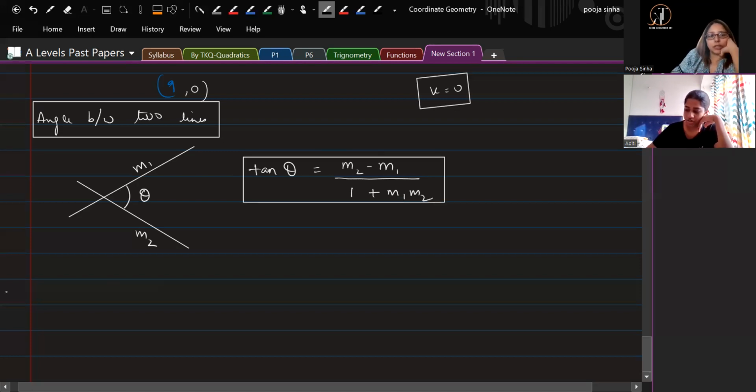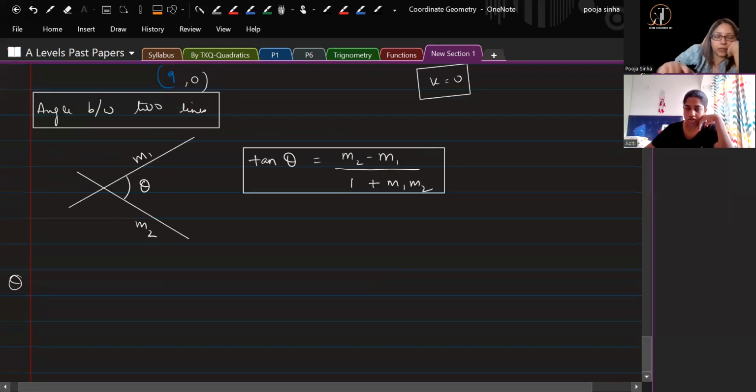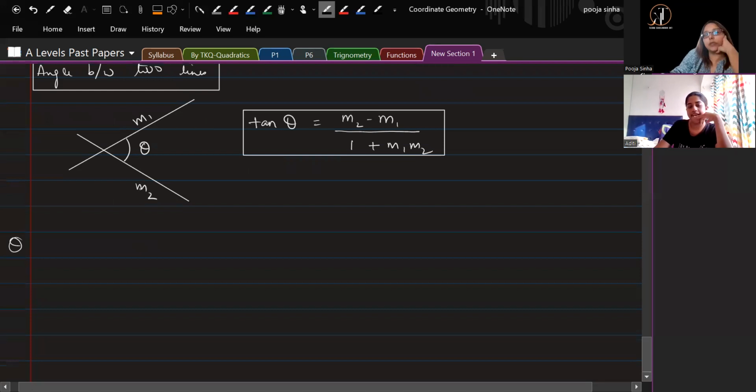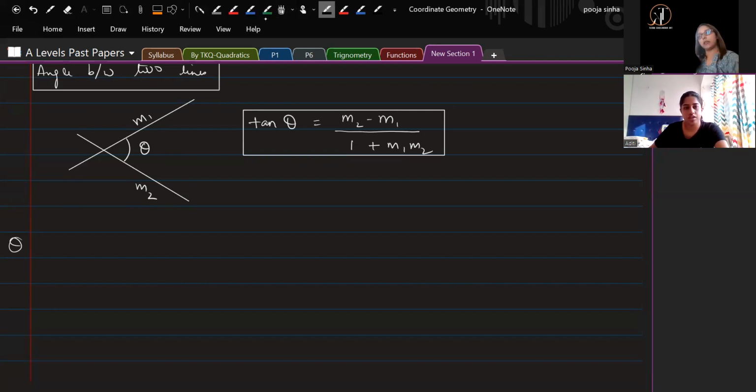Okay. So your question is, how does this prove exactly in this case? For this, we have to prove it using trigonometry. You know that the gradient between anything is tan theta. m is equal to tan theta.